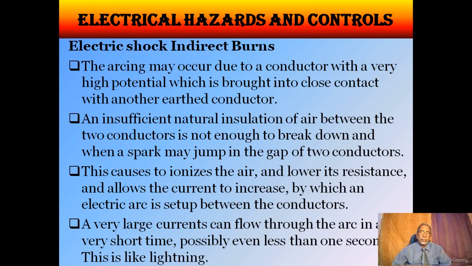Due to the large voltage, the natural insulation of the air between the two conductors breaks down, and a spark may jump in the gap of the two conductors. This ionizes the air and lowers its resistance, which in turn allows the current to increase, by which an electric arc is set up between the conductors.